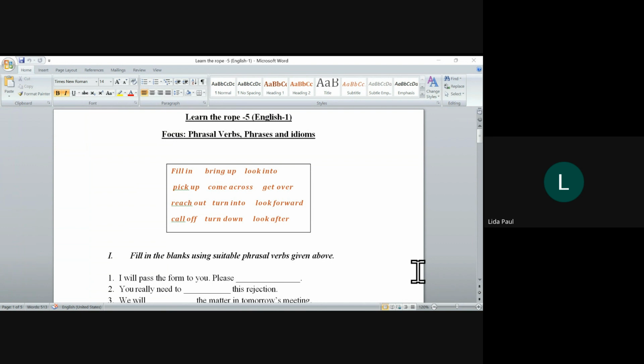So if I split open call off and add the noun, the meeting, in between call and off, then this is an example of a separable phrasal verb, right? So instead of the meeting, I can also say call it off, right?